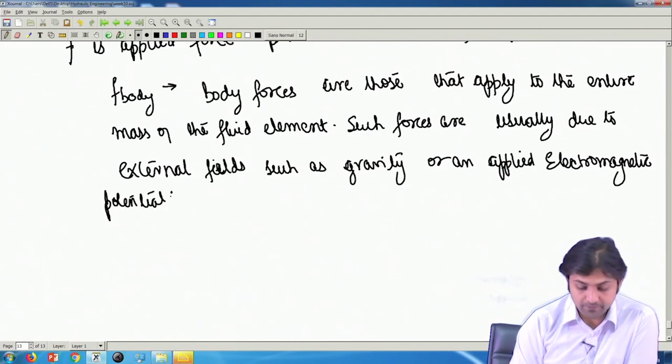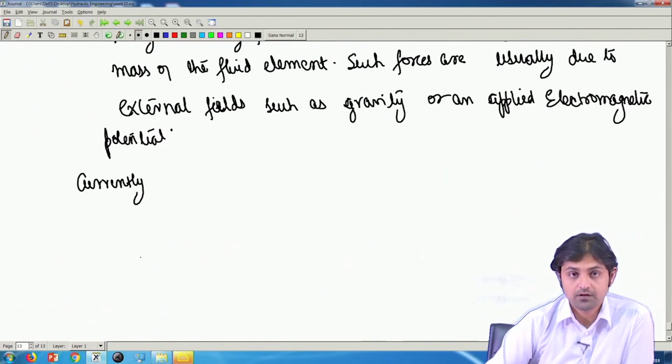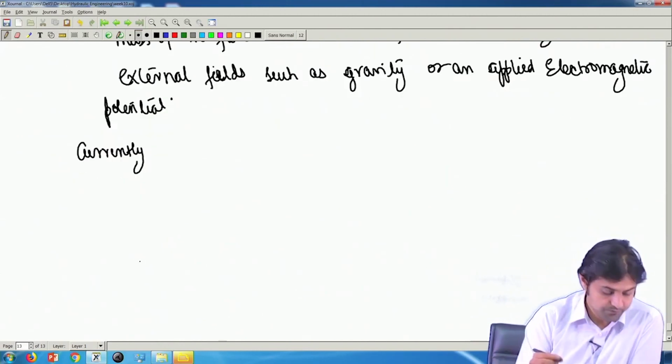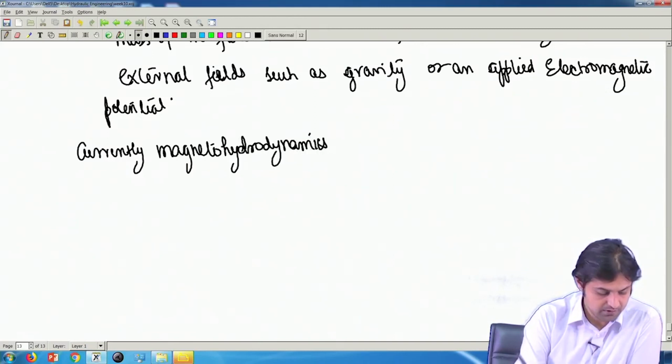Okay. So, currently magnetohydrodynamics effects.